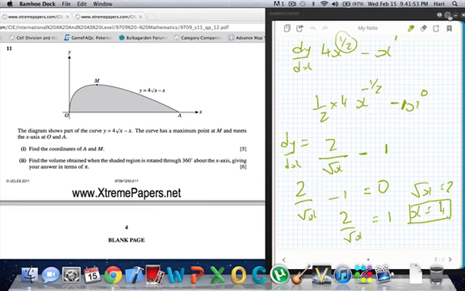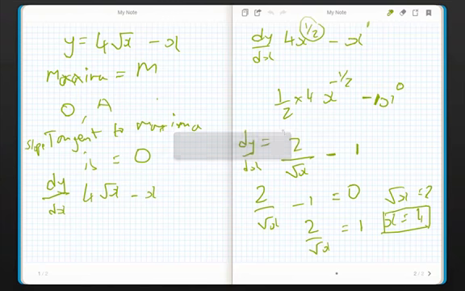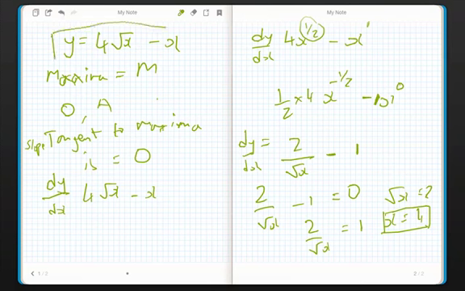So to find the y coordinate of M, we simply substitute our x coordinate 4 back into our equation y is equal to 4 root x minus x. Substituting that, we get root of 4 into 4 minus 4, which is equal to 4. So M is 4 comma 4.